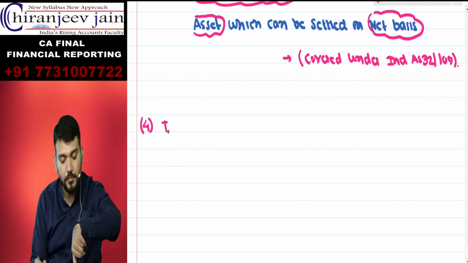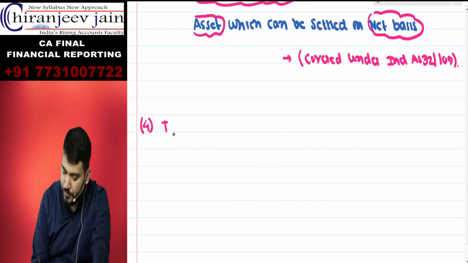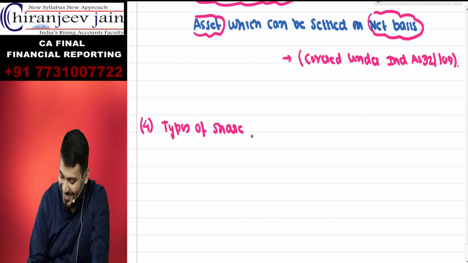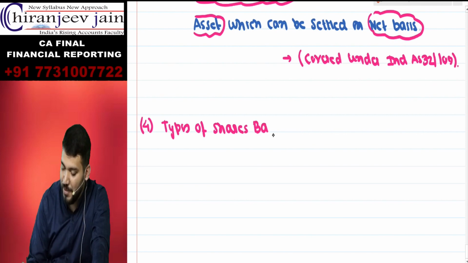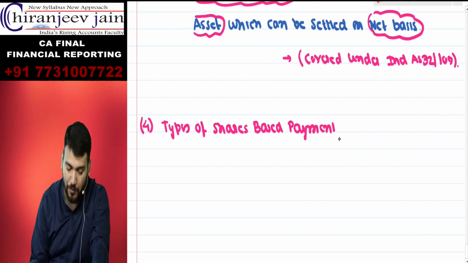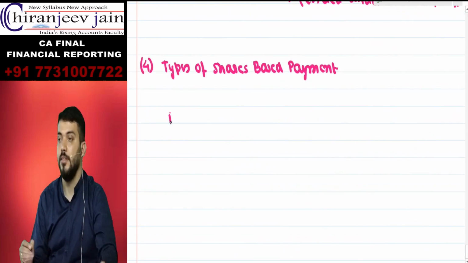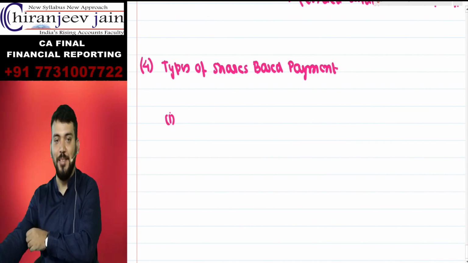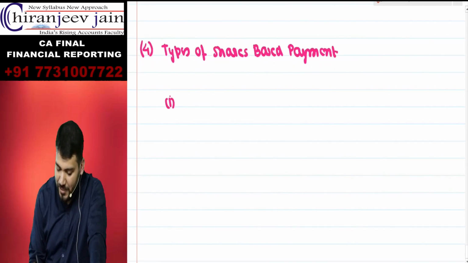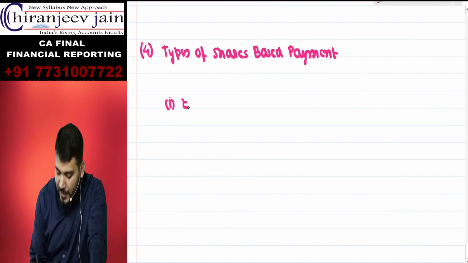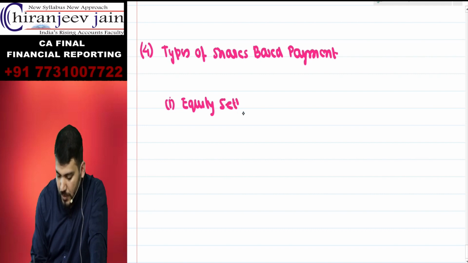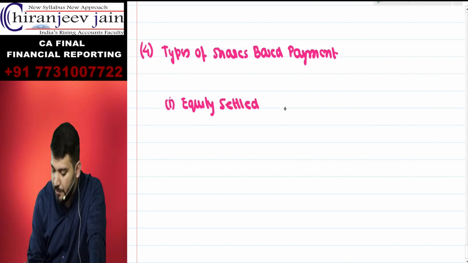Look, that's it, let me finish by writing the types. Types of share based payment. Only after writing this I will stop. Okay. There are 3 types. First is equity settled SBP.